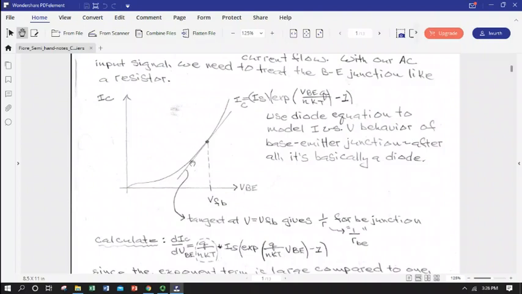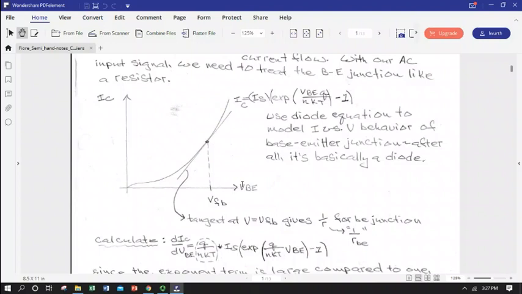We can define the rise over run slope here as what's effectively the inverse of the voltage. And so we can define the resistance of that junction to our AC signal that's coming in at the base or coming in at the emitter. So we're going to model, instead of a diode, our base emitter junction as the inverse of the slope of the current versus voltage characteristic of our base emitter junction, which is a diode.